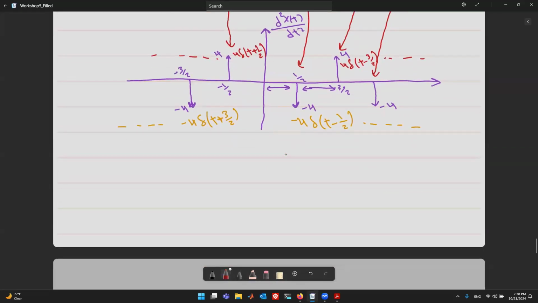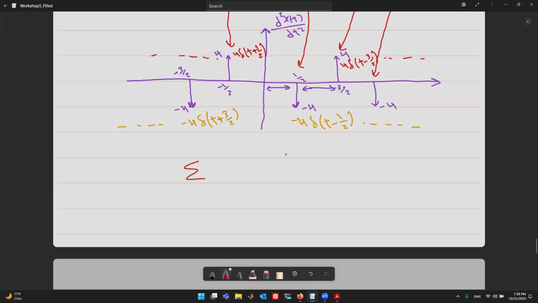We have here 2 impulse trains. Let's see, for the red one, it is just a summation. One half, and then 3/2, and then it will appear again.